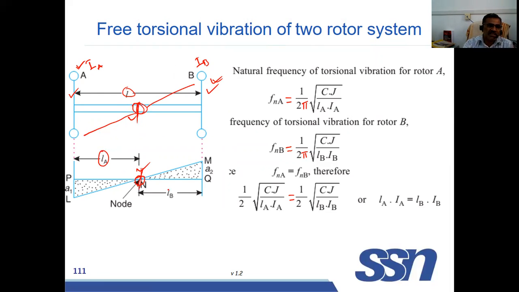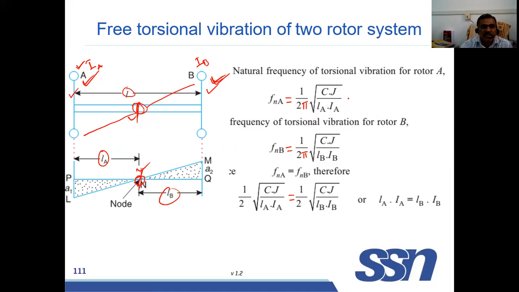From this node, right side is LB. In such a case, the frequency of this one and the frequency of this one, both are same.